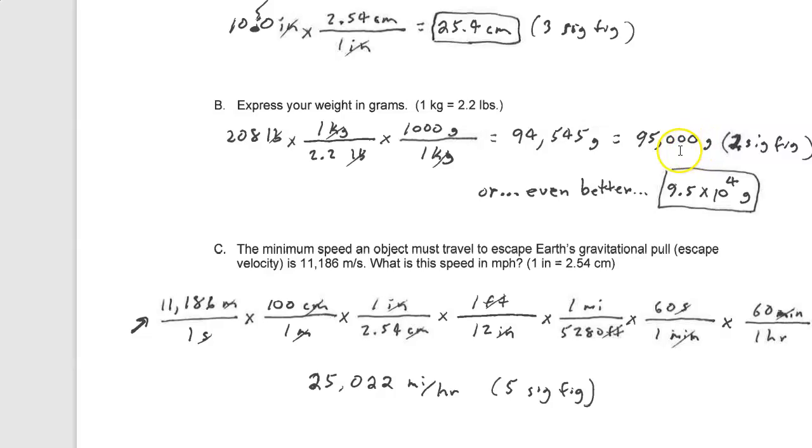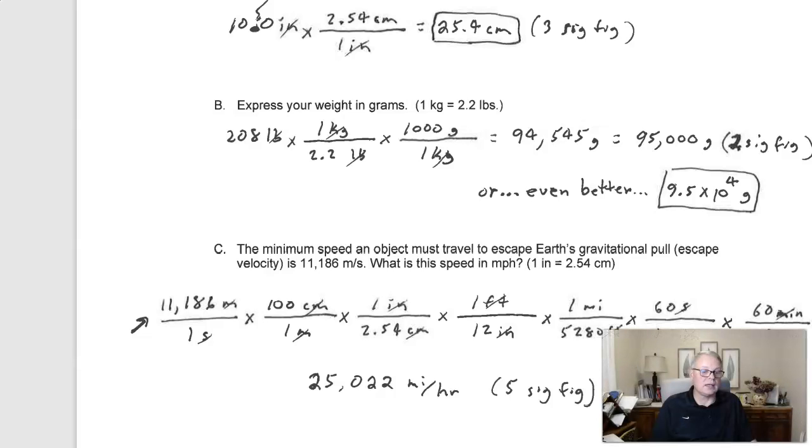So we're going to go 1, 2, 3, 4 places back here to right past the first non-zero digit here. And so that's going to be 9.5 times 10 to the 4th, greater than 1, so positive exponent. So a better way to express that would be 9.5 times 10 to the 4th grams. And that way, you're saying the same thing, but you're saying it to 2 significant figures. Does that make sense?